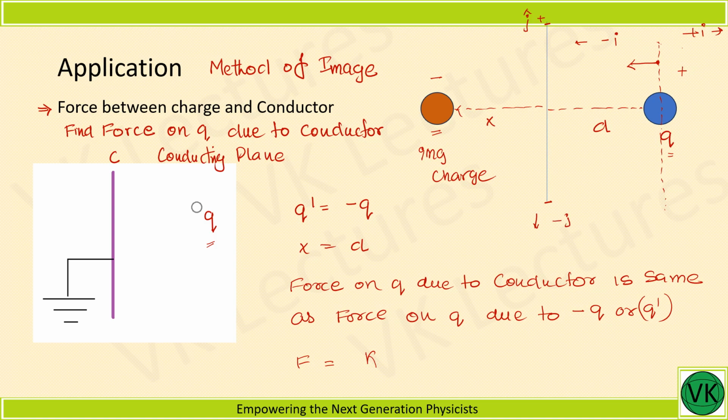So k q q by, x and d are same, so you can write x plus d as 2d whole squared. So we can write k q square by 4d square with minus i cap, that means it is in the negative i direction. The force is along negative i direction, that means the force is in this direction.